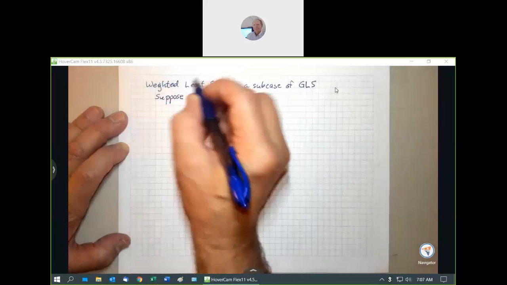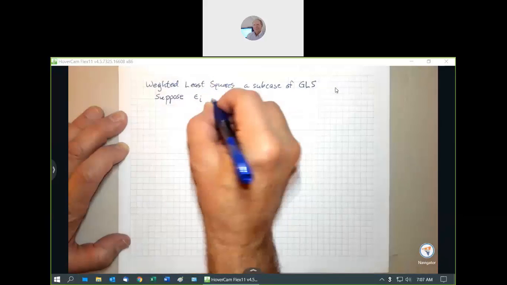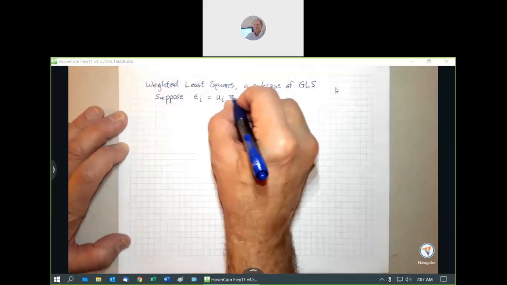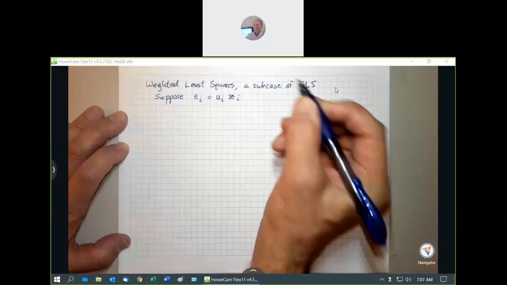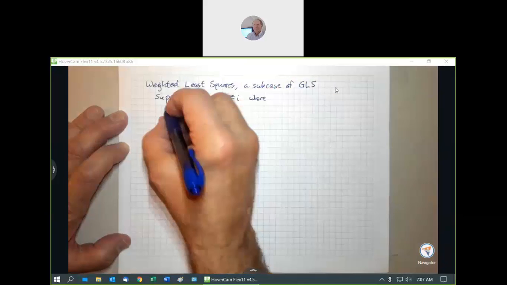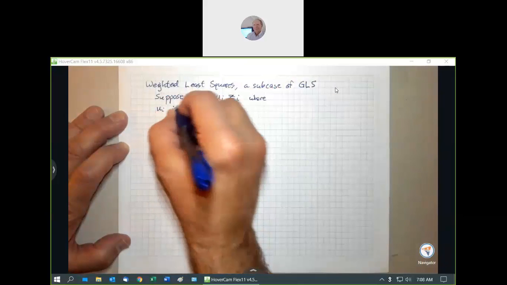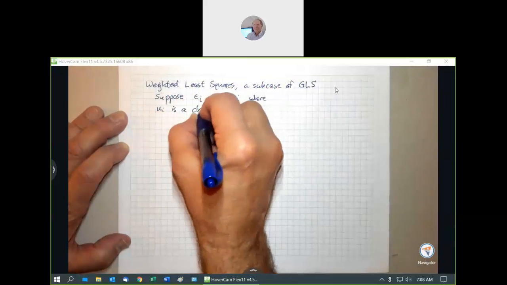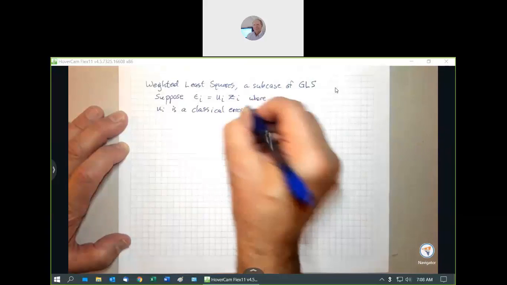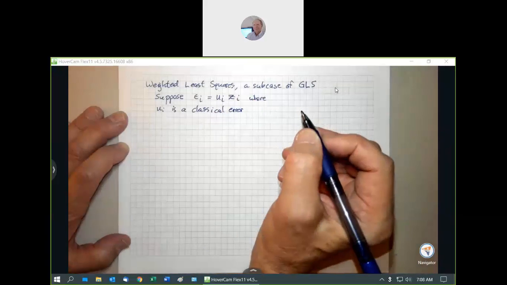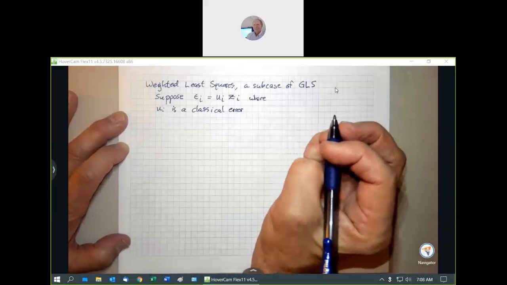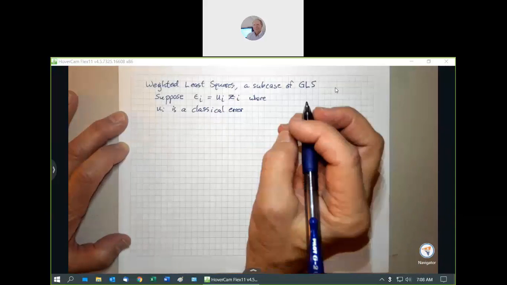Suppose, for example, that our error term is equal to ui times zi, where ui is a classical error term. It has all those desirable properties about the zero mean, and most importantly, it doesn't have any heteroskedasticity.